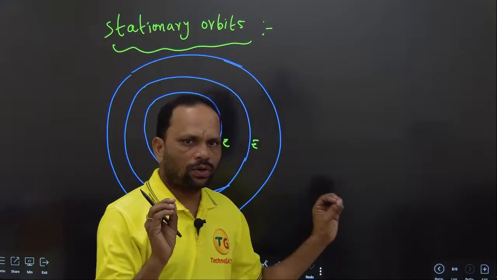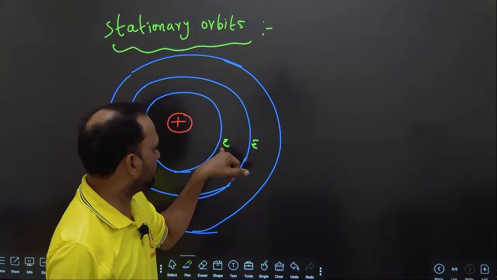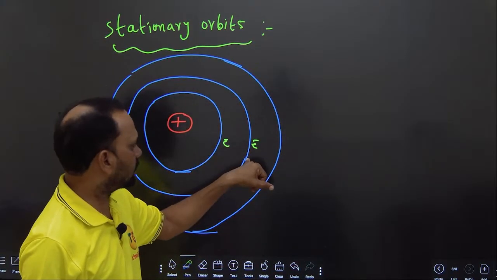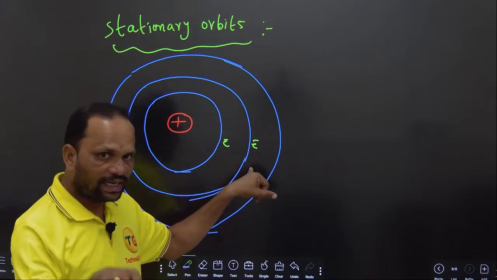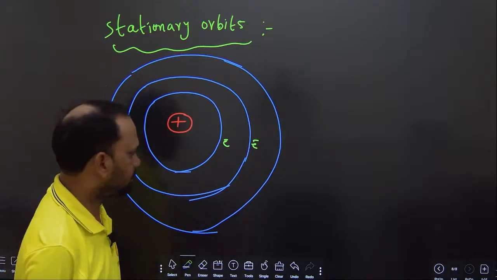We'll discuss later how much energy it will have in this orbit. So why doesn't it radiate energy, and when it radiates energy, we will discuss later.